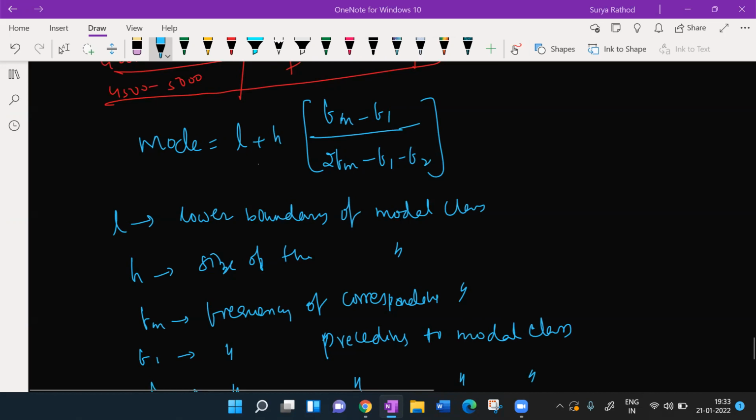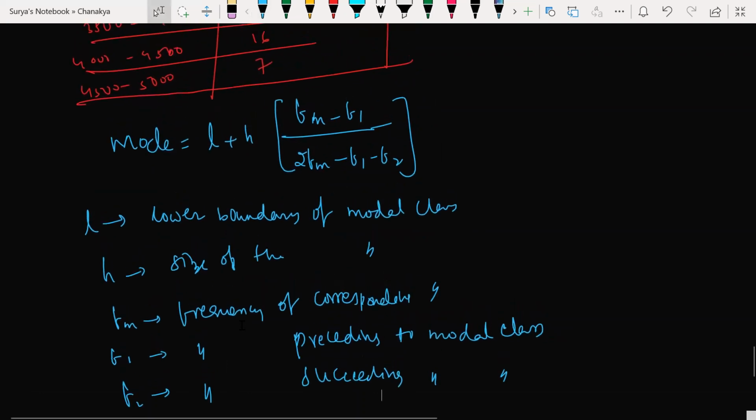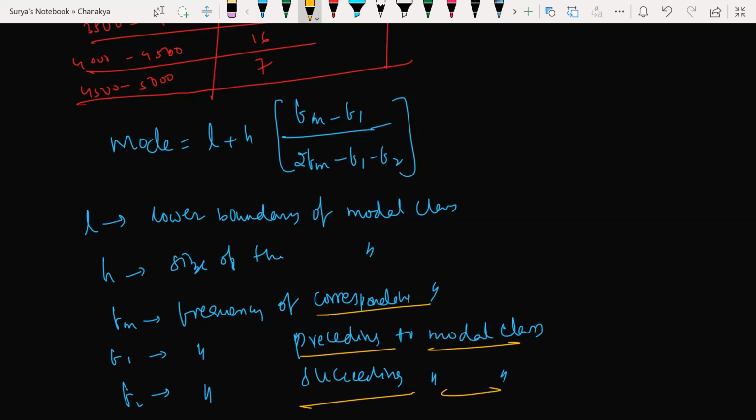Understood or not? Fm is the frequency of the corresponding modal class, F1 is the preceding modal class, F2 is the succeeding modal class, H is the size of the class, and L is the lower boundary of the modal class.